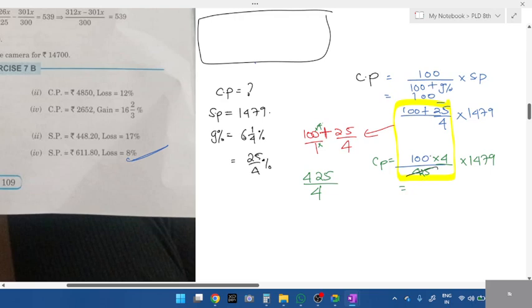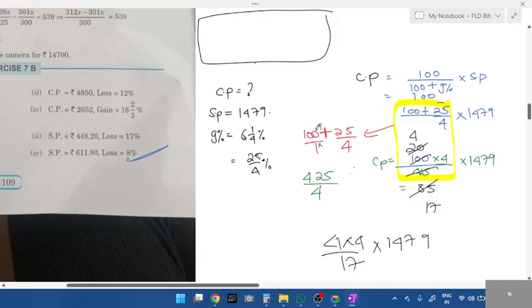How many times 5 goes in 100? 5 into 20. Then 5 into 80? 85 times. Then 5 into 17? 5 into 4. So we have 4 into 4 divided by 17 into 1497.